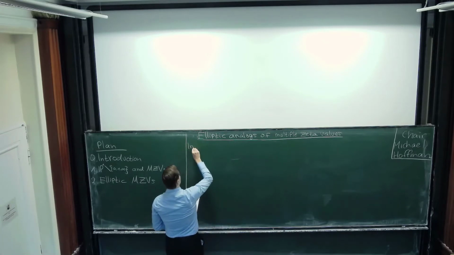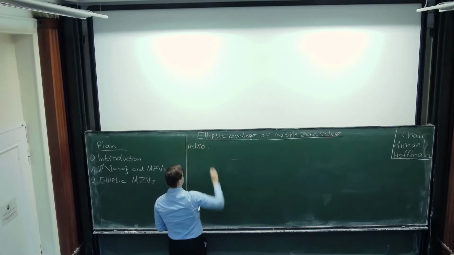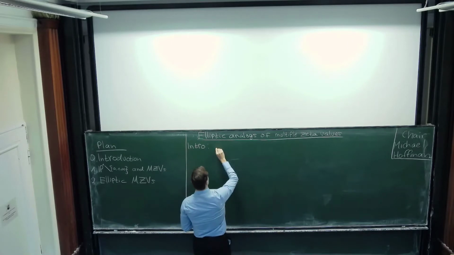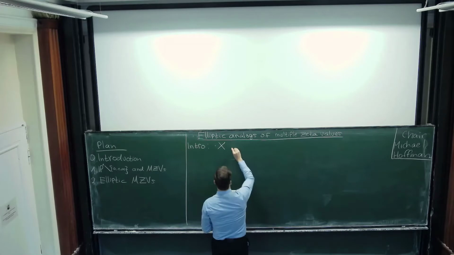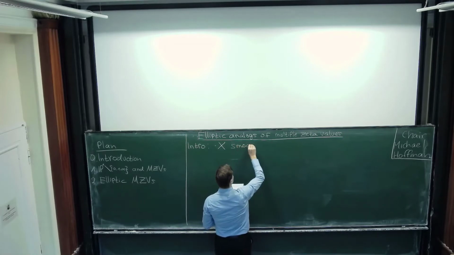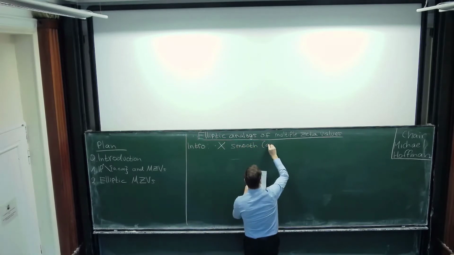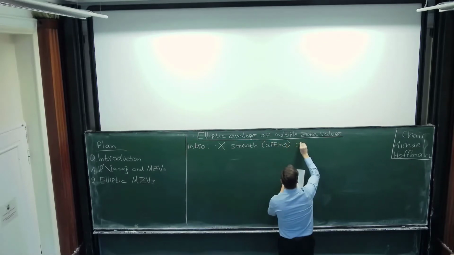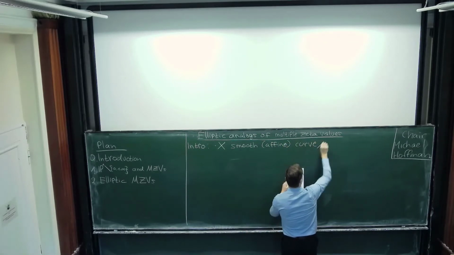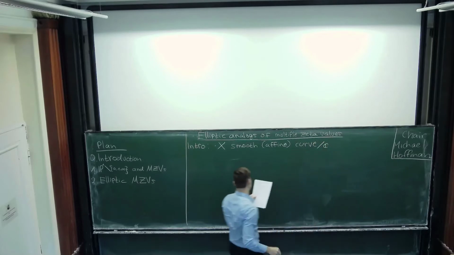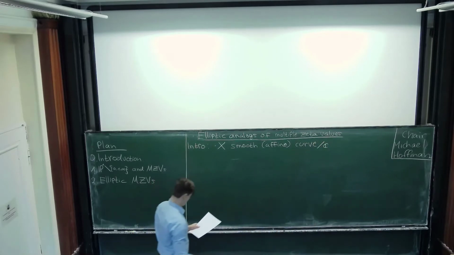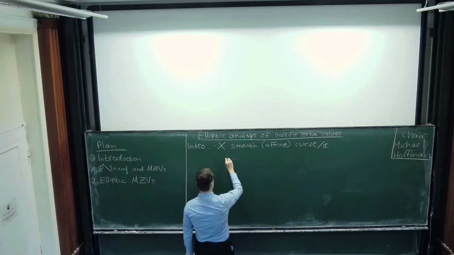So the general setup is as follows. I'll be very general, and then I'll become more concrete and more specific. So X will be a smooth, and in the applications that I'm going to present, it will always be affine curve over the complex numbers. And then there are two things you can look at.